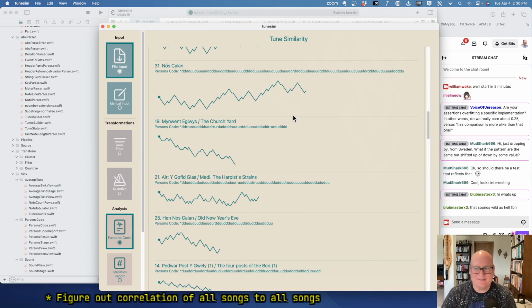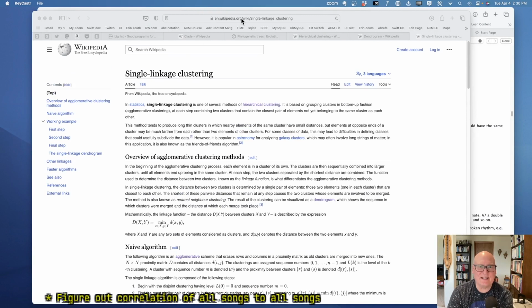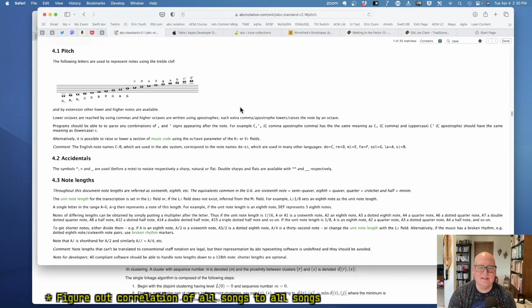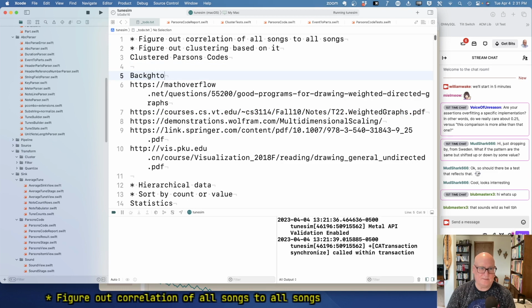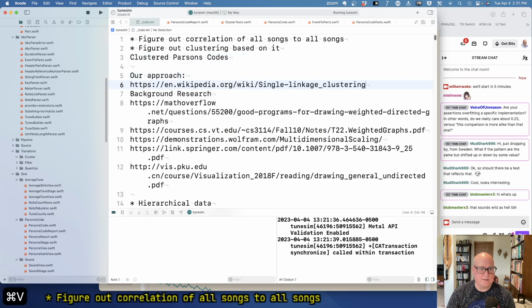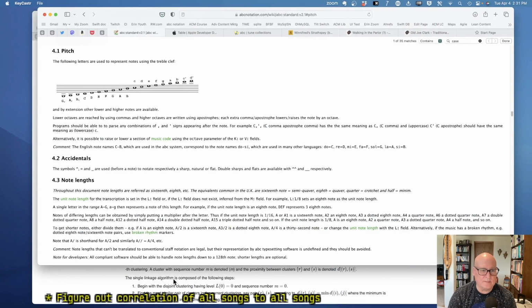All right, welcome back. Okay, yeah, it's a mess. Let's see. So I think I've settled on this. So let's capture this in our to do. This is background research, and then our approach is this and dendrograms.